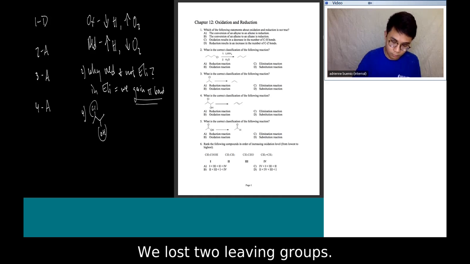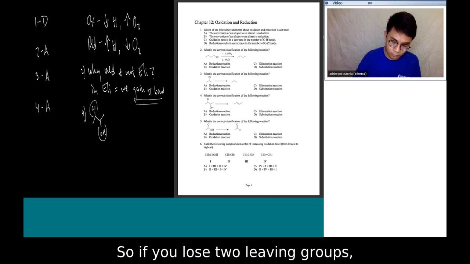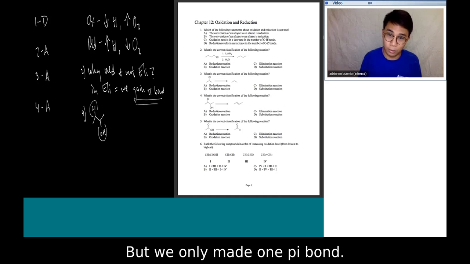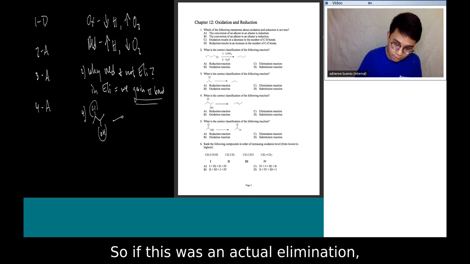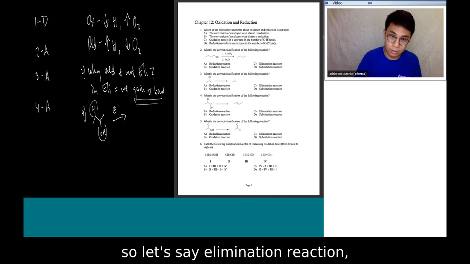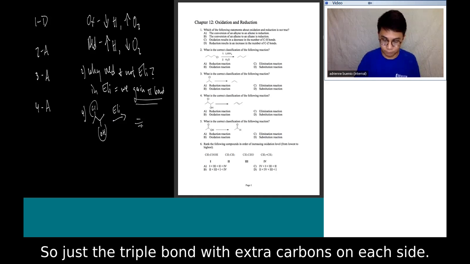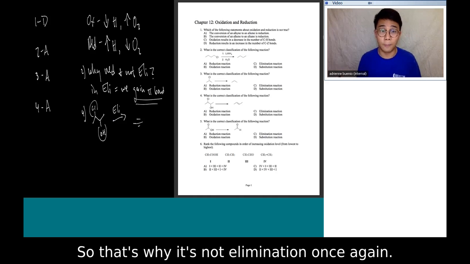We lost two leaving groups. So if we lose two leaving groups, then we should have made two pi bonds, but we only made one pi bond, right? So if this was an actual elimination reaction, our product would have been just that, right? Just a triple bond with extra carbons on each side. So that's why it's not elimination once again, right?